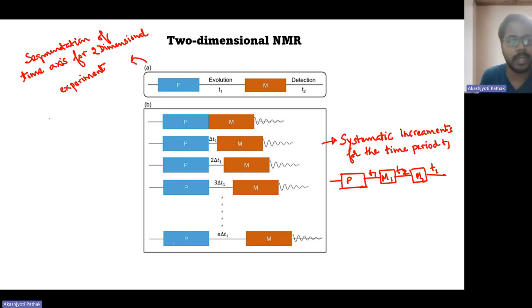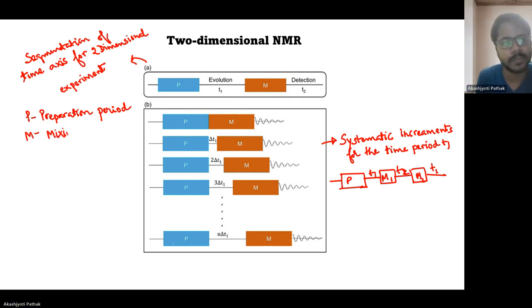So what do P and M indicate over here? P is the preparation period, and M is the mixing period, and T1 and T2 are the evolution and the detection periods respectively.